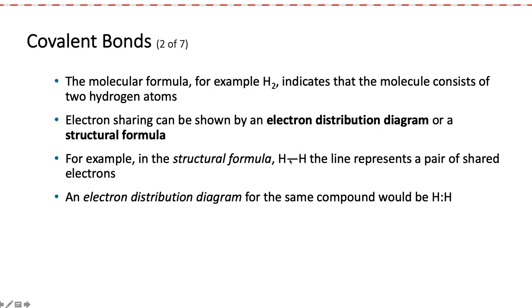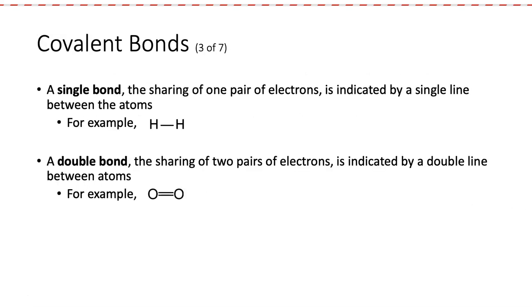It would be H-H, where that dash is 2 electrons being shared, a pair of electrons being shared between both hydrogen atoms. If you're looking at an electron distribution diagram for the same compound, you'd actually draw the 2 atoms right there, and there's the 2 electrons, and there's your 2 hydrogen atoms.